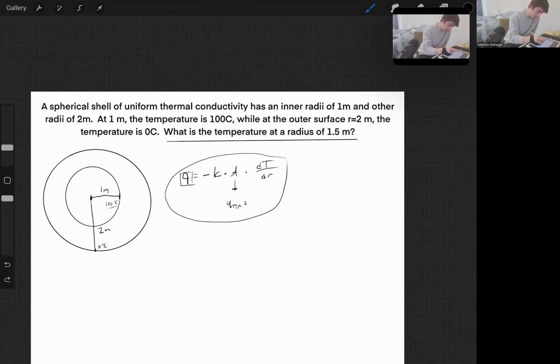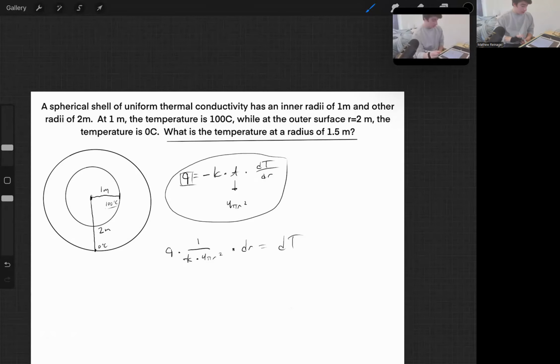The easiest way would be dividing by the thermal conductivity and the area and multiplying by the change of radius on the side of Q. So we have Q multiplied by 1 over negative k times 4 pi r squared, multiplied by dr, and we set that equal to dT, the change of temperature.